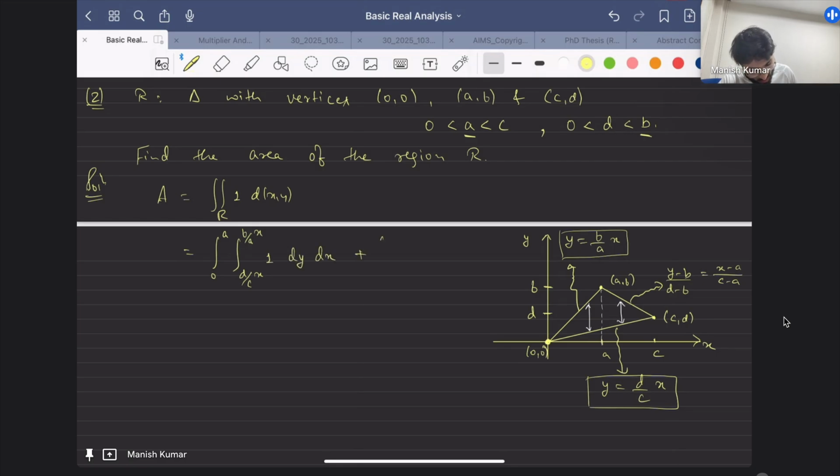For the second one, we are saying from A to C, and then y is varying from, again, d by cx to, okay, we'll have to simplify it a bit.